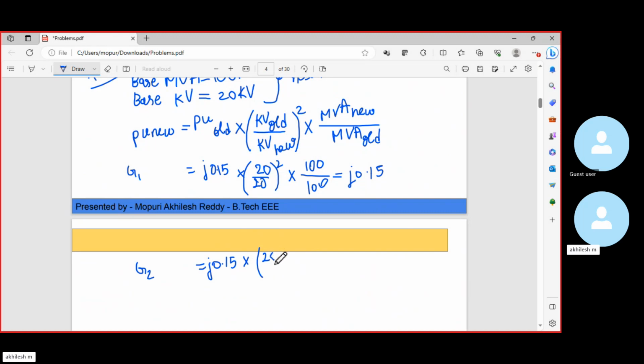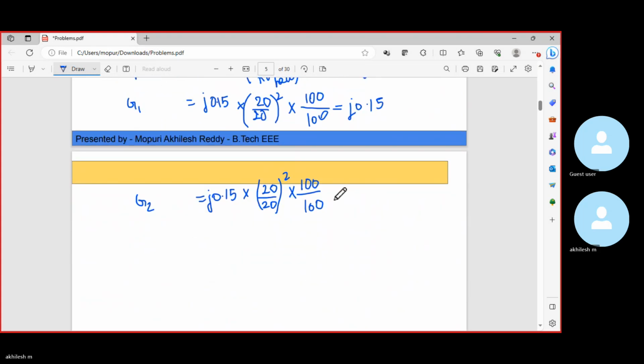Old kV and new kV both are 20. So 20 by 20 whole square into 100 by 100. And then for transformer T1, this is also j0.15.